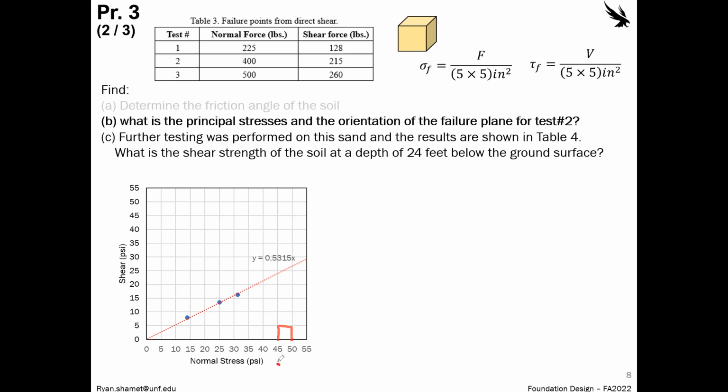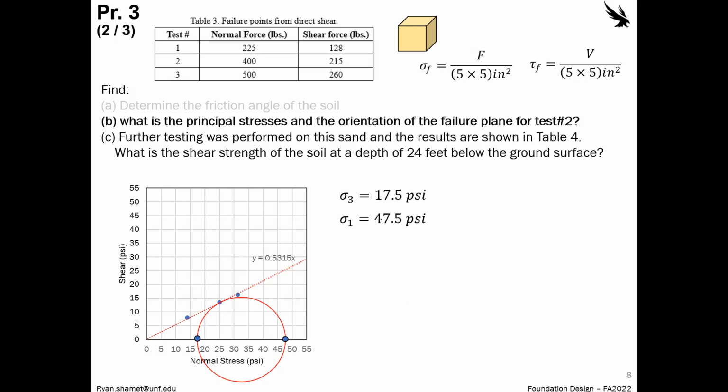So 5 PSI on the X-axis should be the same length as 5 PSI on the vertical axis. So once we have that, then all you need to do is fit a circle such that it intersects with the test 2 failure point. So once we have that circle, then you can determine the two stresses.